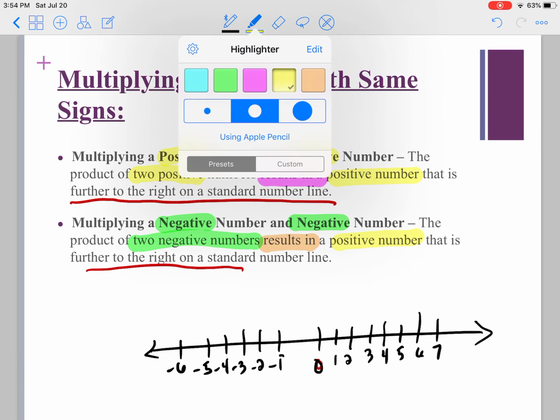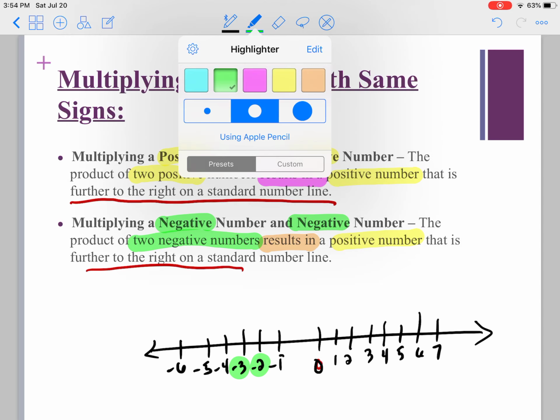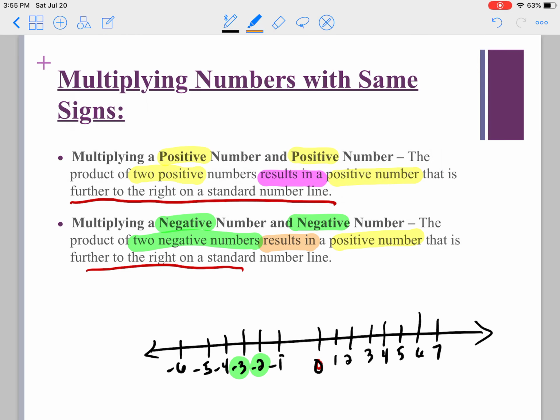If I were to take two negative numbers, -2 and -3, and multiply them, again, when you multiply numbers with the same sign, the result is a positive number. So -2 times -3 is 6, and that is to the right on the standard number line.